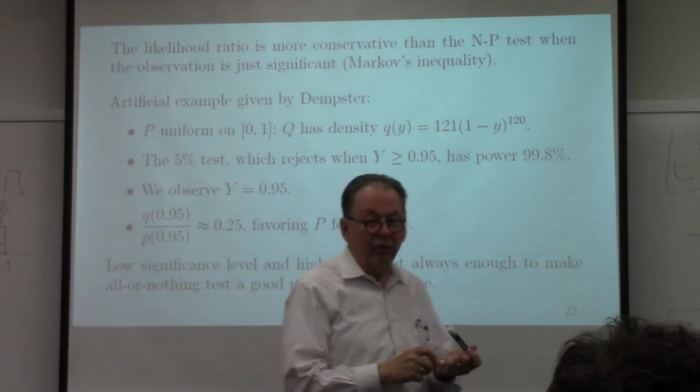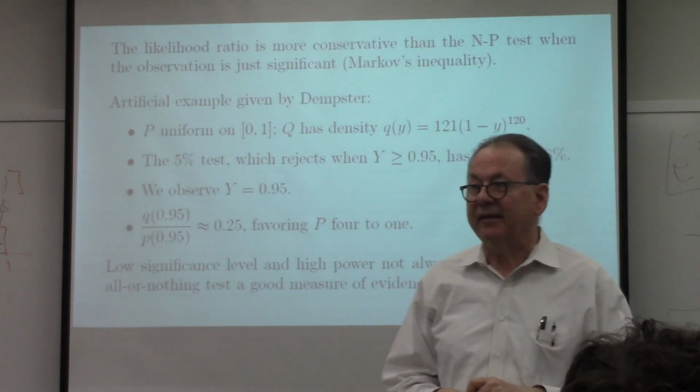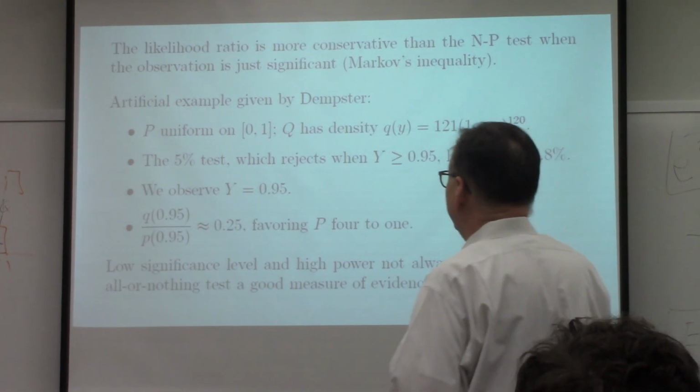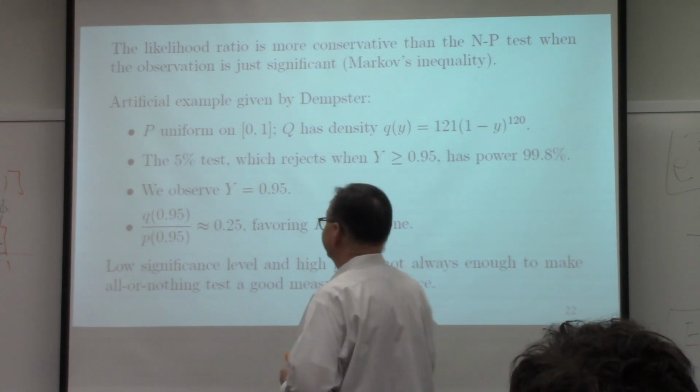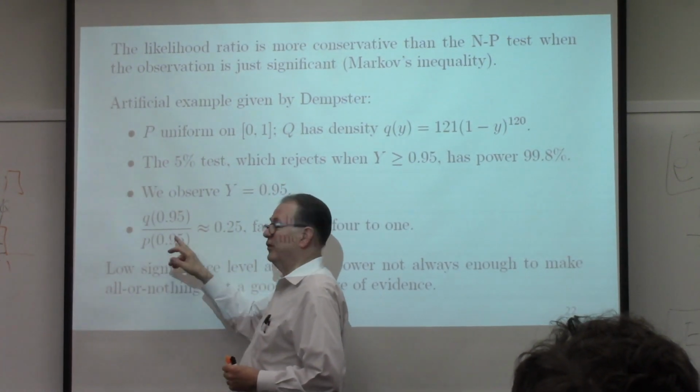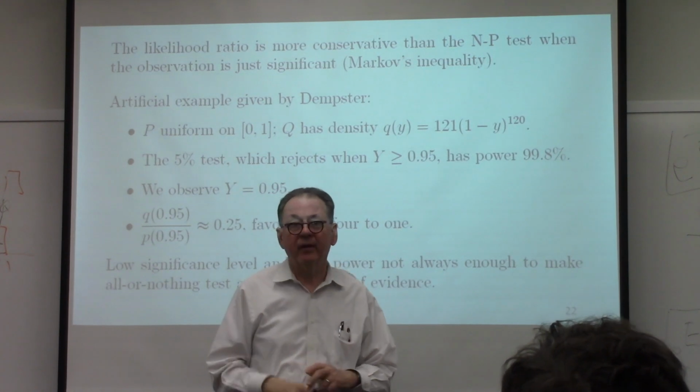So if you observe the value 0.95, the likelihood ratio is telling you that this observation is more likely under the null hypothesis. Q only gives 1/4 as much probability to it as P does.